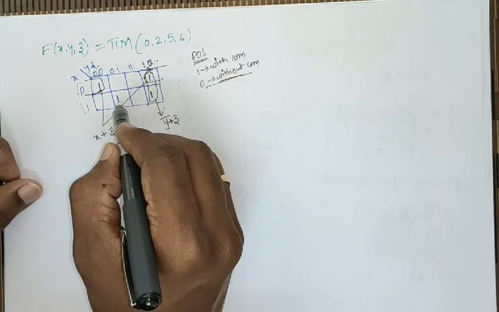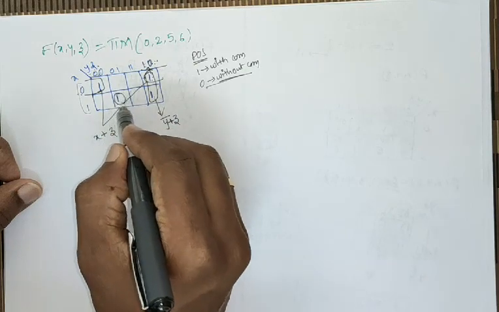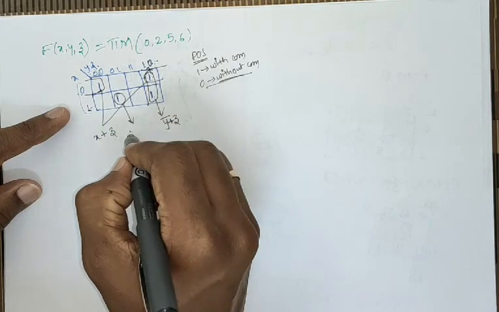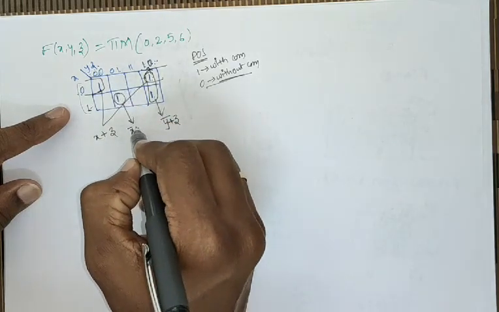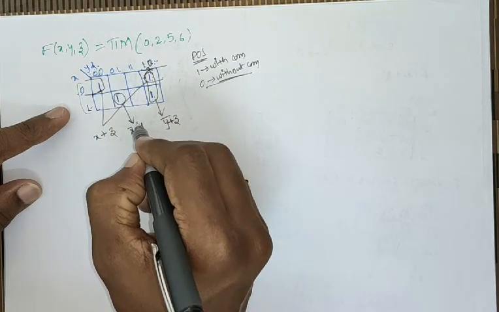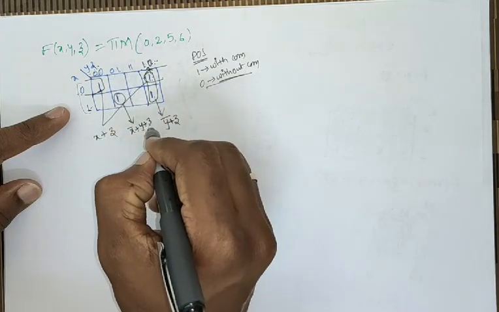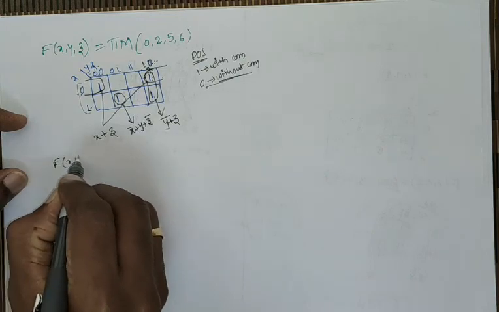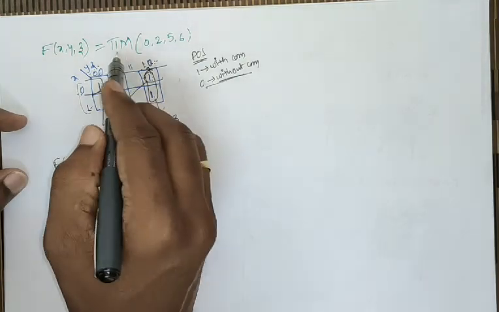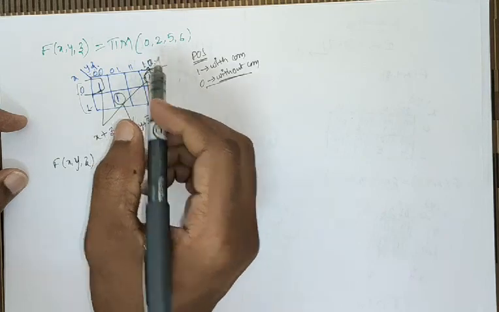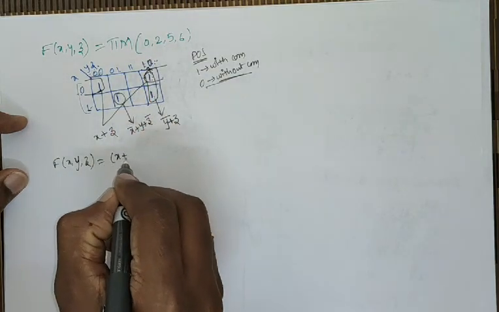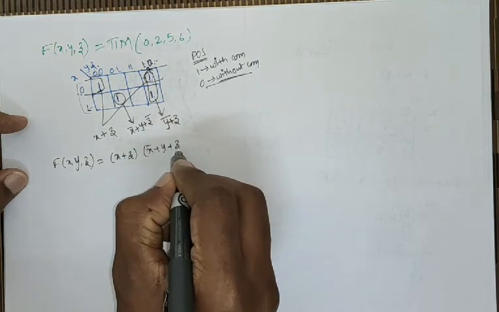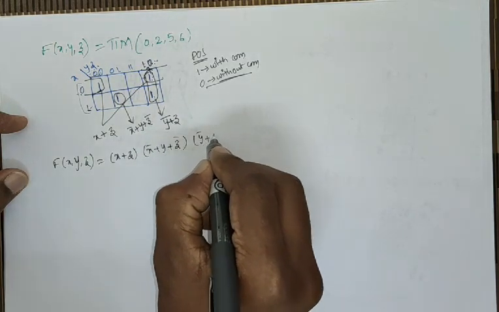Here 5 has no adjacent term, so we write it individually. Based on the row and column, the row 1 is indicated as x bar, plus 0 indicated as y, plus 1 indicated as z bar. The function representation is f of x, y, z, product of sums: x plus z, into x bar plus y plus z bar, into y bar plus z.